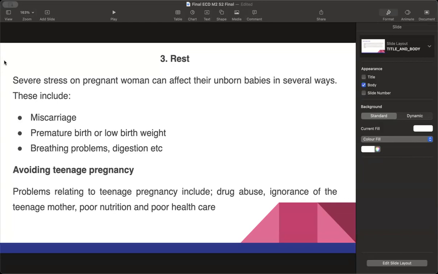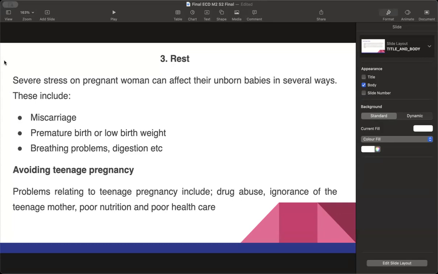Problems that come from it can be anything that includes drug abuse, ignorance of the teenage mother, poor nutrition, poor health care, getting herself into situations where she has sexually transmitted diseases like syphilis and gonorrhea, and all of these things that are avoidable if she had the knowledge.